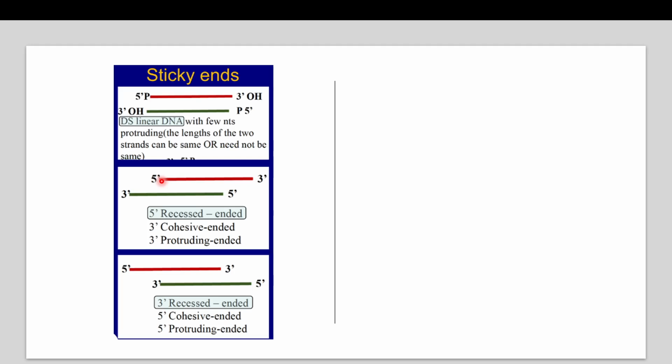Recess means there's a gap, right? Recess means a break, not a nick kind of thing, just a gap kind of thing. At both the 5 prime ends there is this gap here. When the DNA sequence is treated with certain types of restriction enzymes, fragments where the 3 prime end is protruding are called 3 prime protruding ended or 5 prime recessed ended.